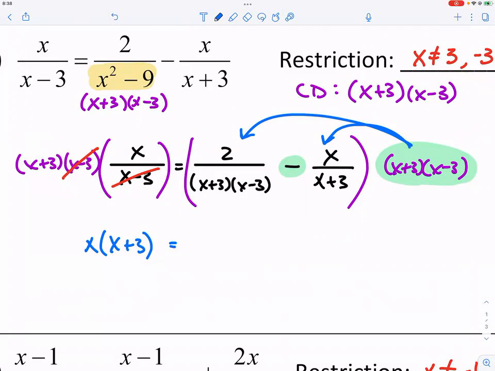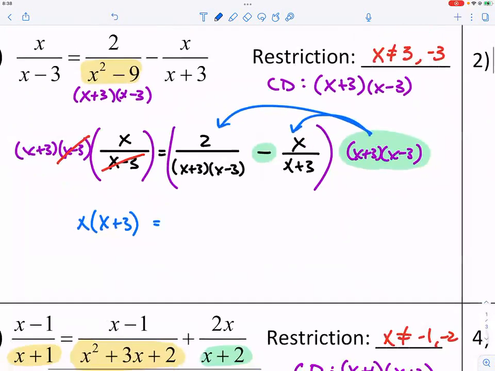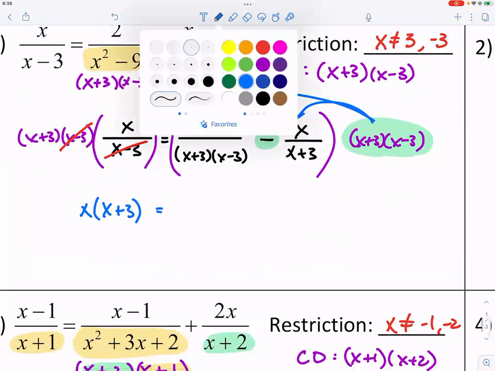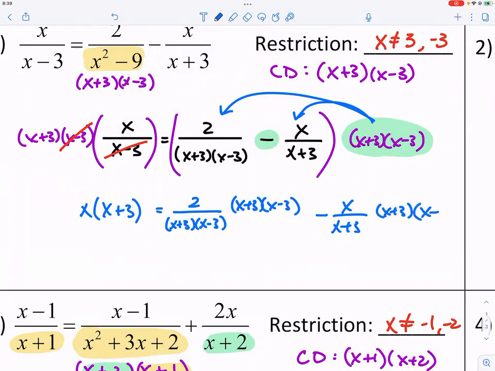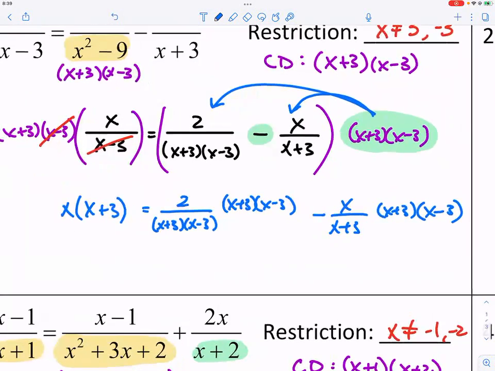Okay, so now I'm going to write this out in the long way so they can see how it's being distributed. So hope nobody would get confused. All right, so I'm distributing the term on the outside to both terms. All right, can everyone see the distribution right here?